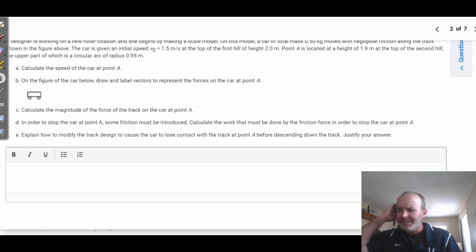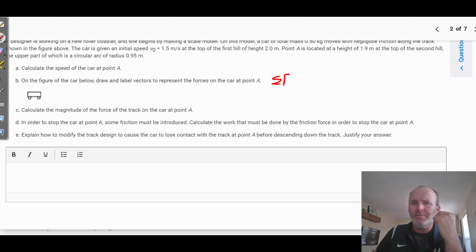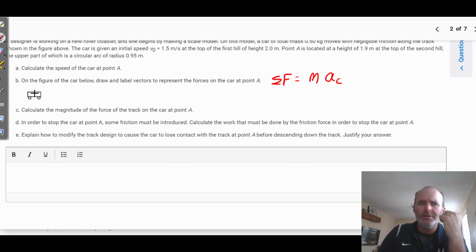All right, so C is asking for the magnitude of the force on the track at point A. So let's sum the forces and set it equal to mass times acceleration. I'll draw it right here.